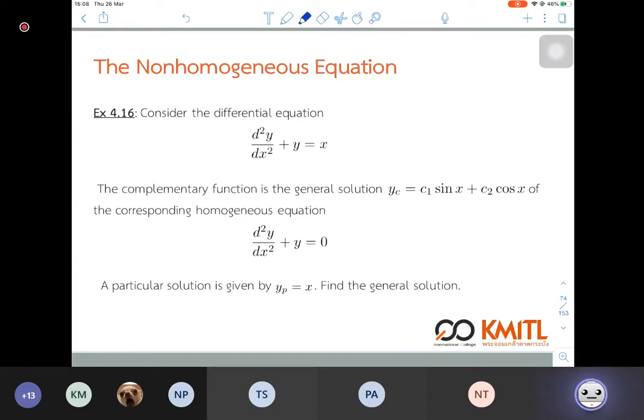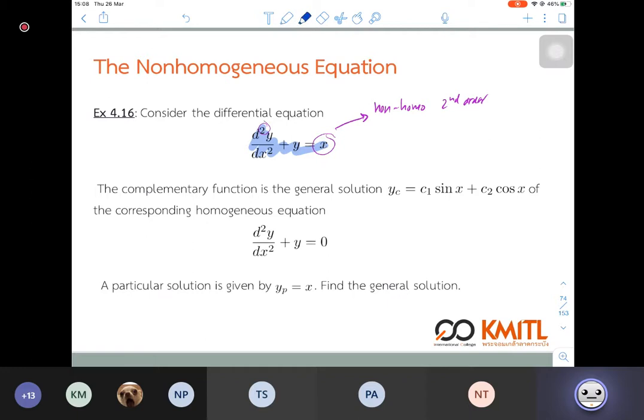It said that you have the differential equation, this one. So this is non-homogeneous, right? Second order, right? Non-homogeneous because the right-hand side is not equal to 0, and you get the second order here.